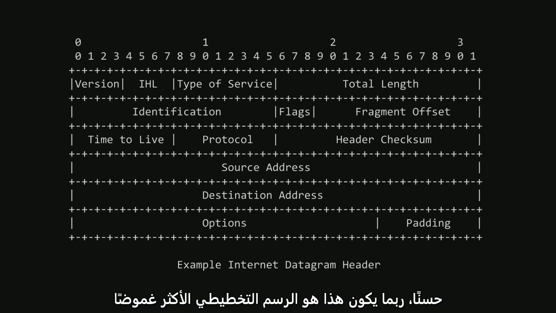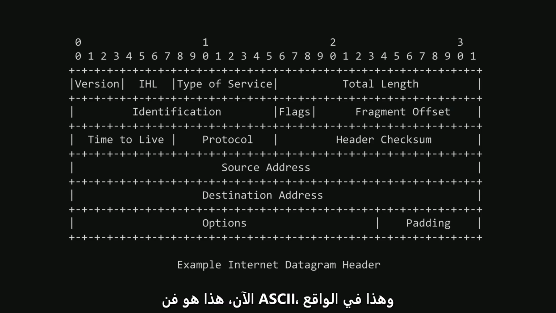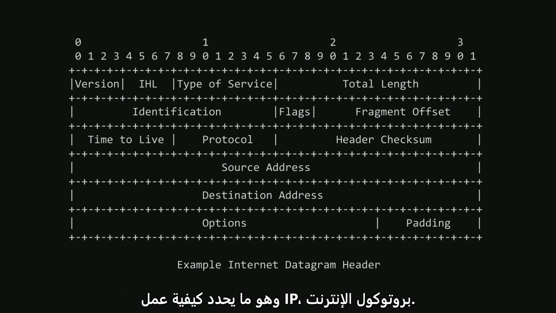So how does this all work? Well, this is perhaps the most cryptic looking diagram I could find that represents exactly how IP works. Now, this is sort of ASCII art, and this is actually a diagram from the specification, or RFC, request for comments, that defines how IP, the Internet Protocol, is supposed to work.